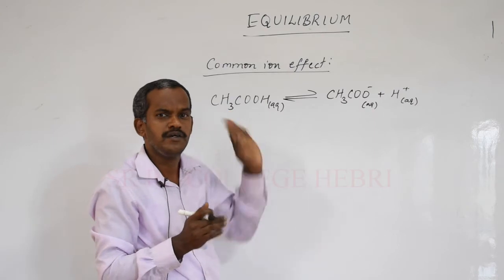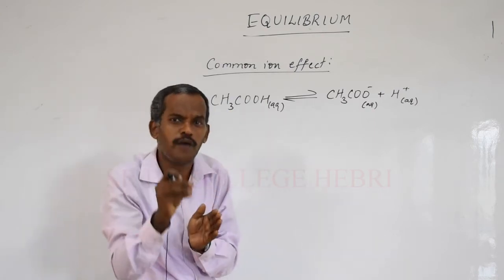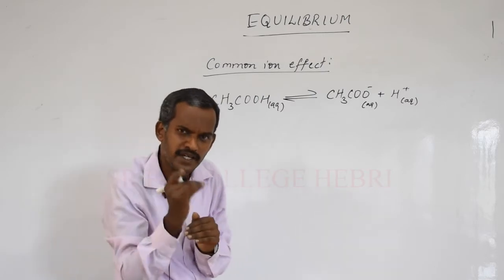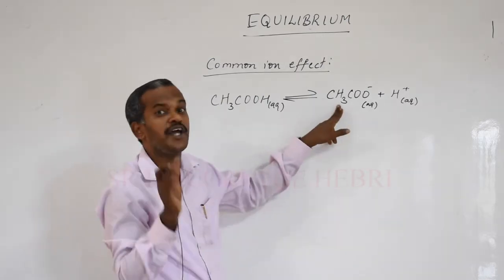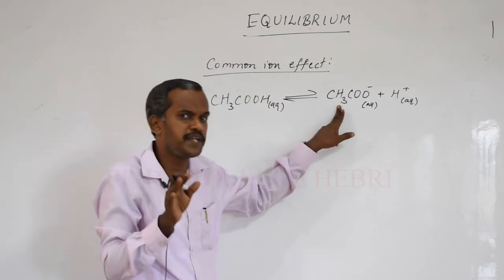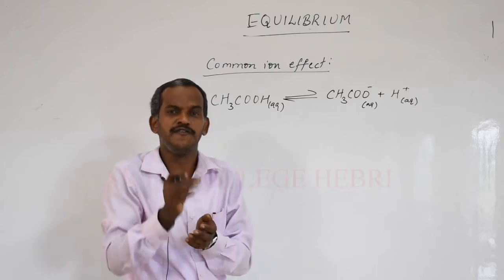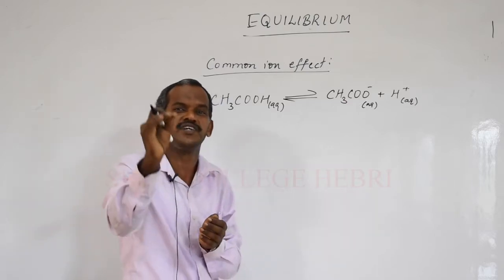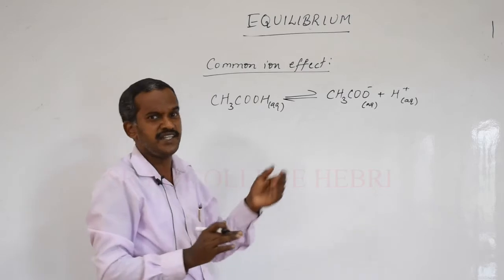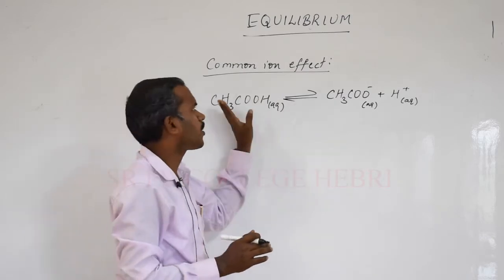Are you clear? Common ion means the ion which is already present in the solution. If that ionic species concentration is increased, then the shift in equilibrium that happens is called the common ion effect.